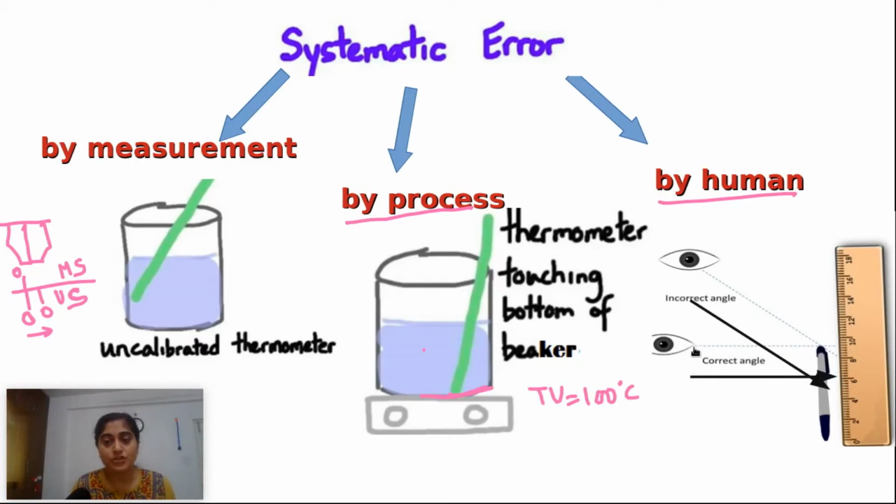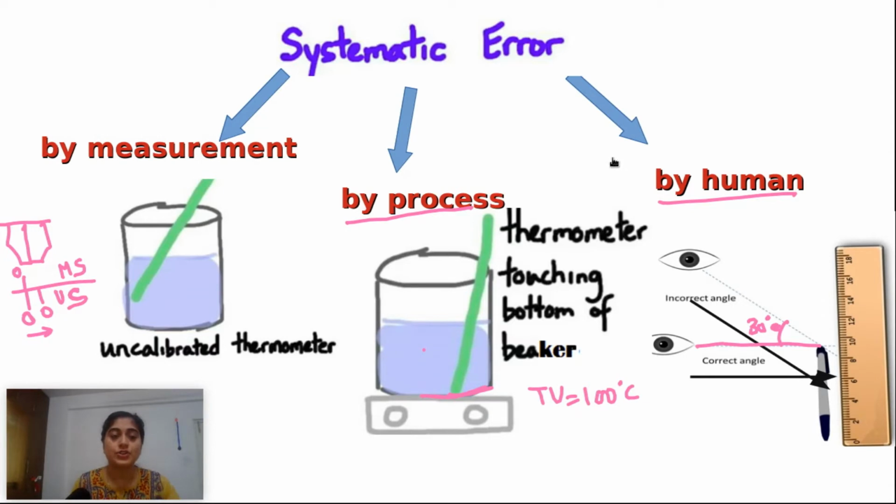If you are watching from the straight line versus from some angle, and the angle is fixed at 30 degrees, then you get a wrong value, and you always get the same type of wrong value, so that comes under systematic error. These are a few reasons I have explained which come under systematic error.